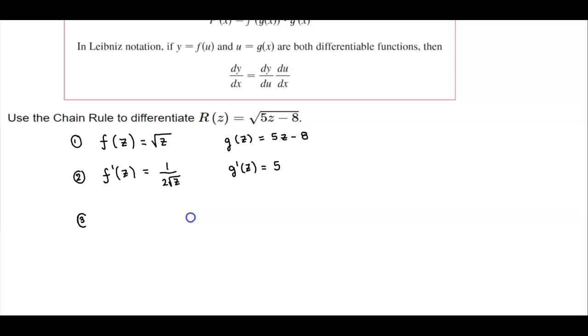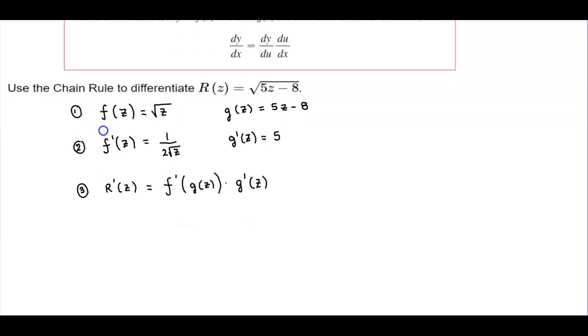Okay, so now we're going to use the chain rule. So the chain rule tells us that in order to find r prime of z, that's going to equal f prime of the function g of z, and then multiply that by g prime of z.